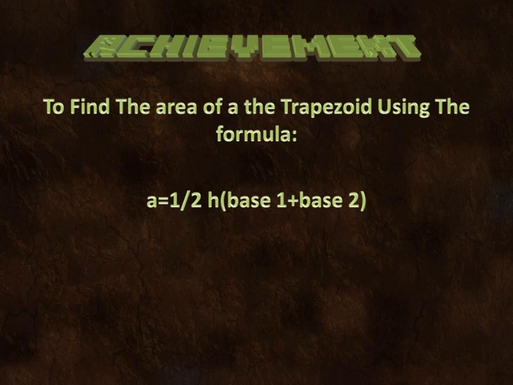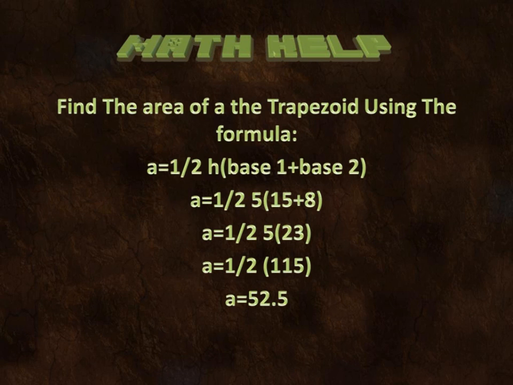Find the area of a trapezoid using the formula A equals 1/2 height times base 1 plus base 2. To find the area of a trapezoid using the formula I told you about earlier, you must use area equals 1/2 height times base 1 plus base 2.